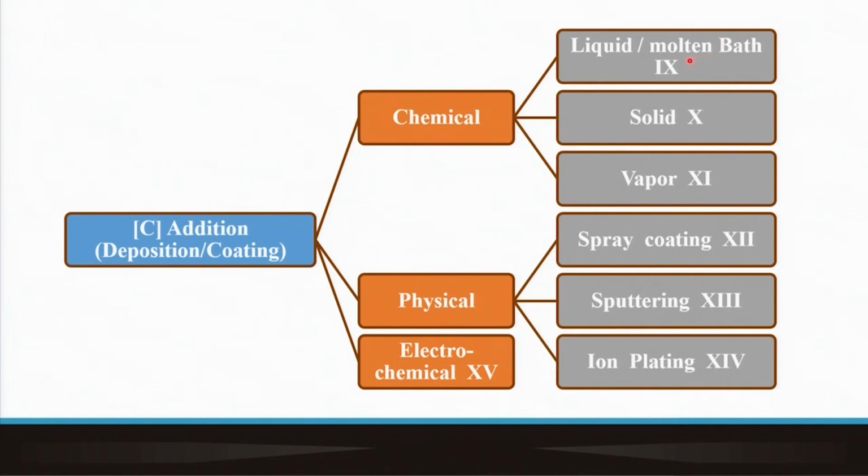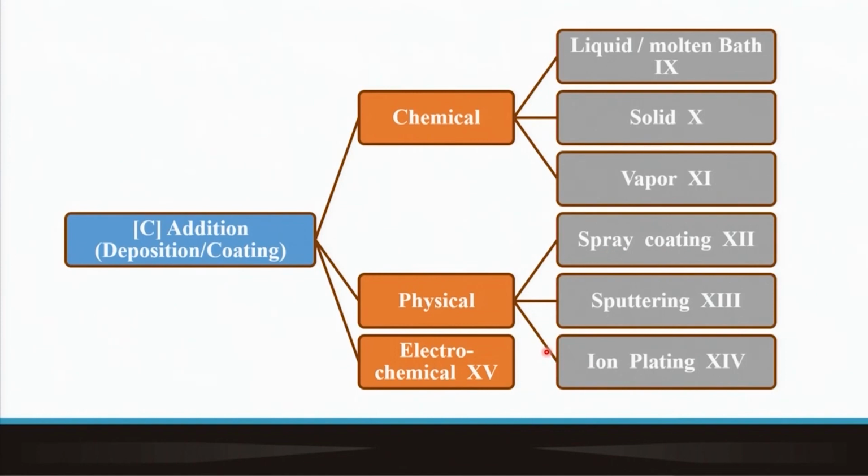And they can be treated using liquid or molten bath. They can be done through solid state processes, even through solid vapor interaction processes. And similarly, the physical process can be done by vapor-based deposition or spray coatings or sputtering, even ion plating.